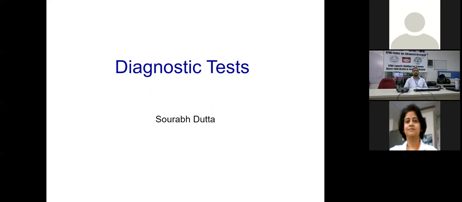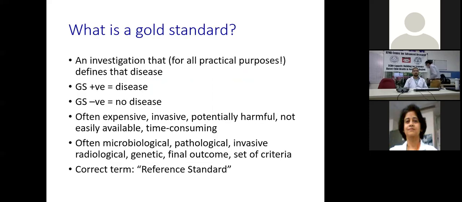Before we go any further, I'd like to clarify a few terminologies. First is, what is a gold standard? A gold standard is an investigation that for all practical purposes defines that disease. That means if the gold standard is positive, the patient is diseased. If the gold standard is negative, there is no disease.